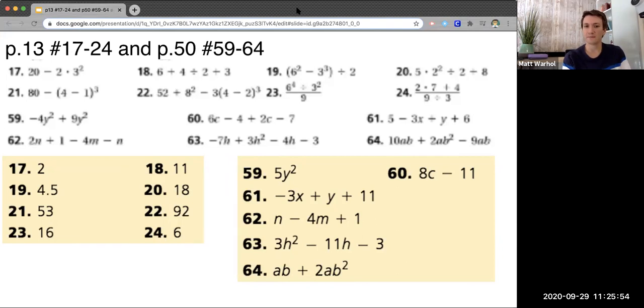That's good. 63, 3h squared minus 11h minus 3, or maybe you wrote it as minus 11h plus 3h squared minus 3. Again, all the symbols are fine and the numbers are right. They're just in a different order, and that's okay. 64, we get ab, or you could have 1ab plus 2ab squared.